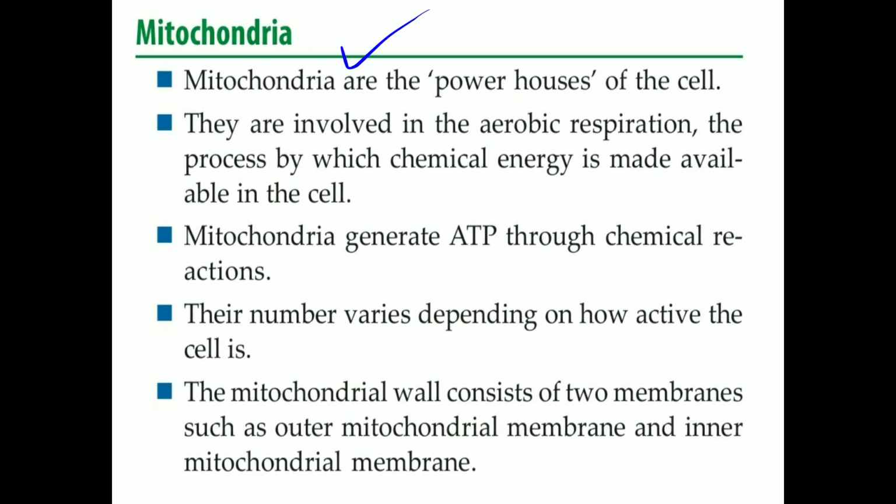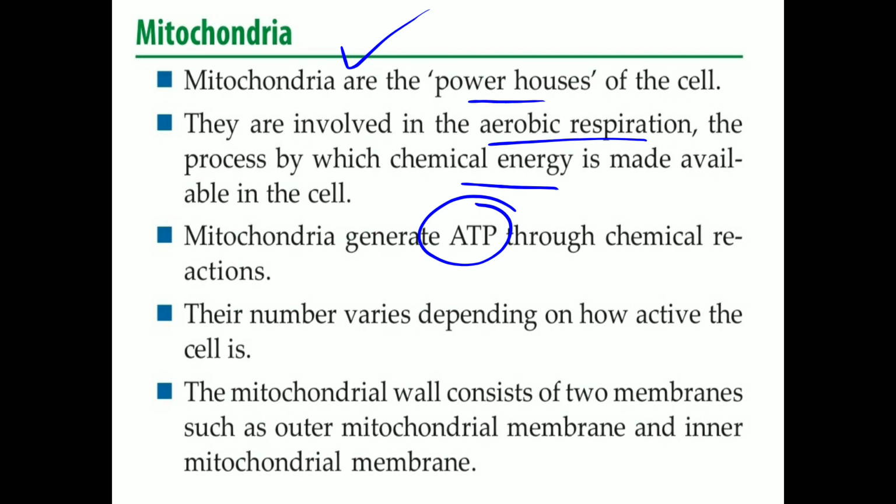The next is mitochondria, and they are called the powerhouse of the cell because they release energy. They are involved in aerobic respiration, and by that process, chemical energy is made available in the cell. Mitochondria generate ATP, which provides energy through chemical reactions.